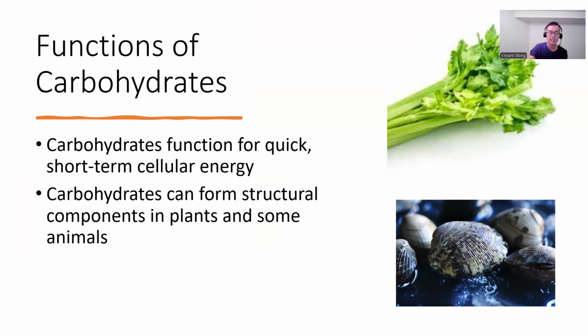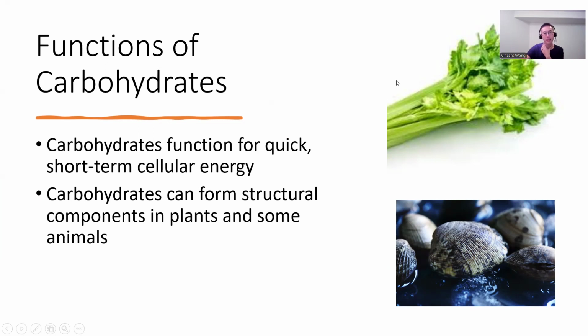Some animals, okay? Not us though. Things like clams or crustaceans, so things with a hard shell on the outside, like crabs and lobsters, use carbohydrates for structural components of the hard shells.